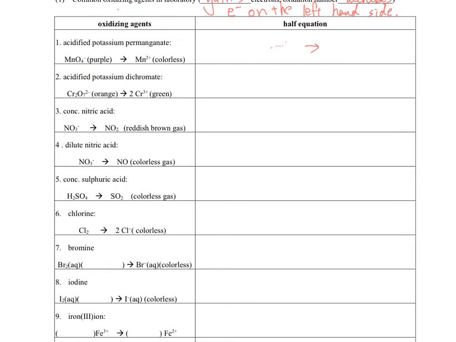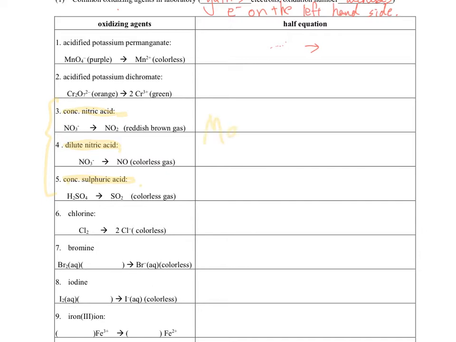And the third one is concentrated nitric acid. The fourth one is dilute nitric acid. And the fifth one is concentrated sulfuric acid. These three are similar, all of them are acids. And these three acids, we didn't talk about in Form 4.